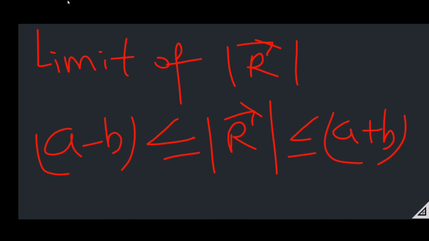It means the minimum magnitude of resultant is a minus b, and the maximum value is a plus b. It is minimum when theta equals 180 degree, and maximum when theta equals 0 degree. So it is the limit of the magnitude of R vector.